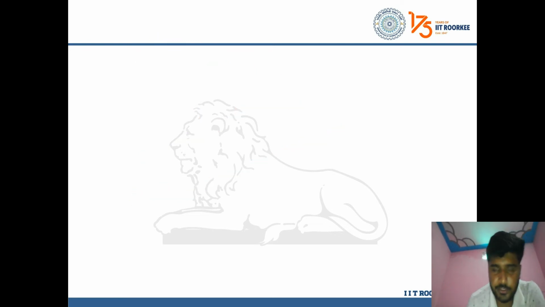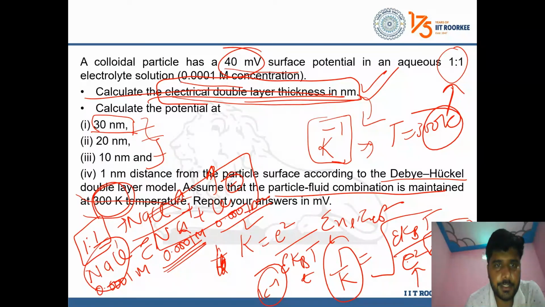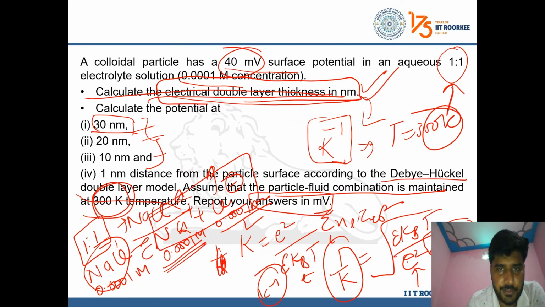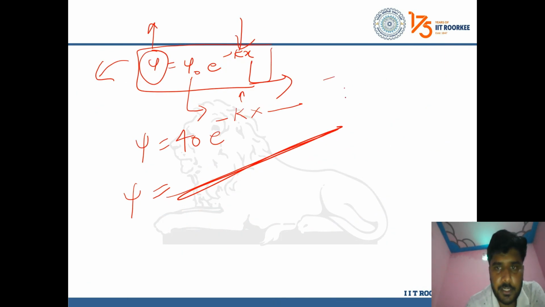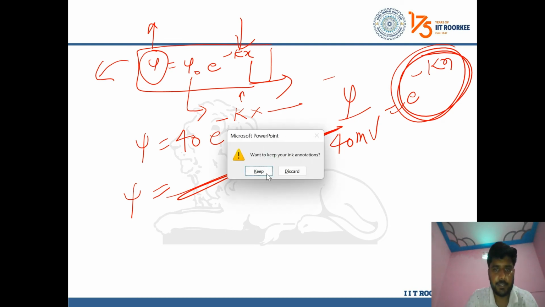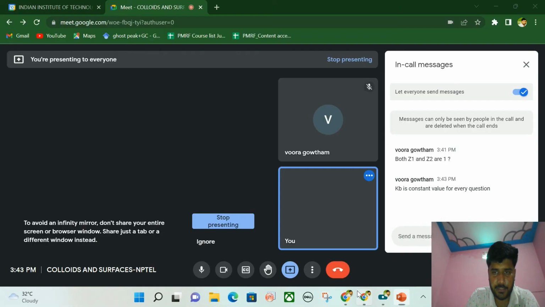You have to answer directly in millivolt, so you don't need to change the units. You can just write it as 40 millivolt and solve this part. If it is clear, you can just type yes.